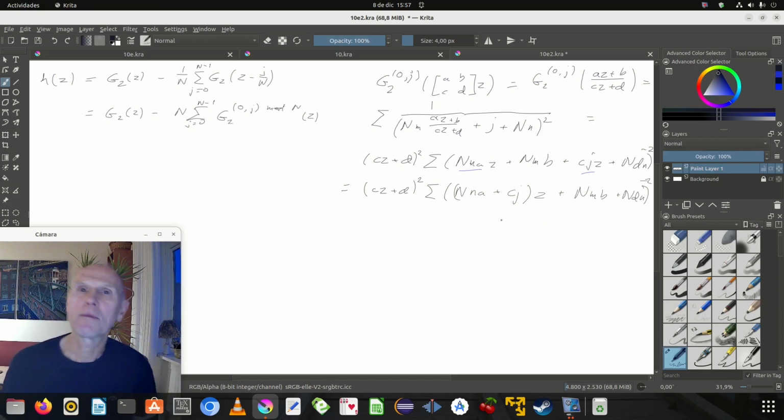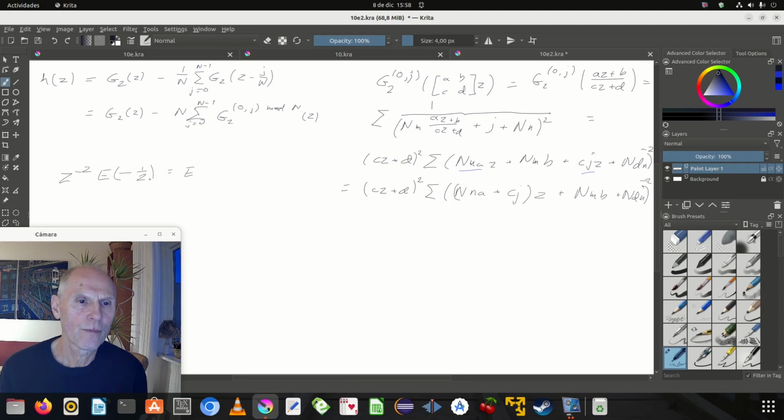I just think a little about that. That will require a little work. What I'll do is that I'll repeat the trick from developing this transformation formula for E2.